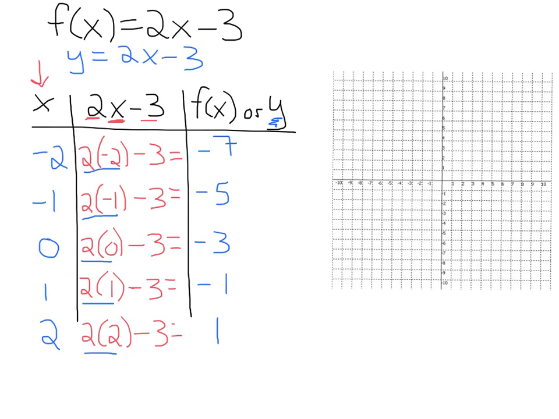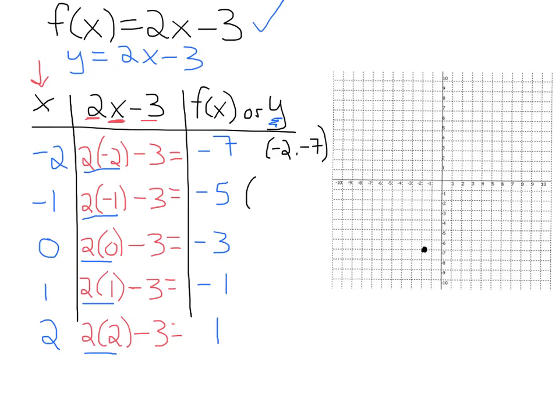But now, after I create my xy table for this function, I have to plot the points. And just know that the first one, you would have the point with x value -2, y value -7. So -2, -7, plot the point.